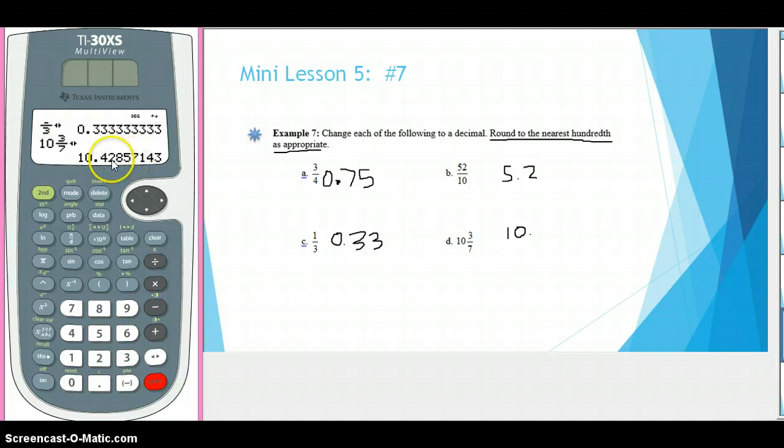Actually, I'm pretty sure this does repeat. I think this 3 is actually rounded from another repeat of 285714. Regardless, when it doesn't terminate within your window, meaning it just stops with less than the full span of numbers, you're going to round to the nearest hundredths place. So in the thousandths place, there's an 8, so I'm going to round this up to a 3. So we have 10.43.